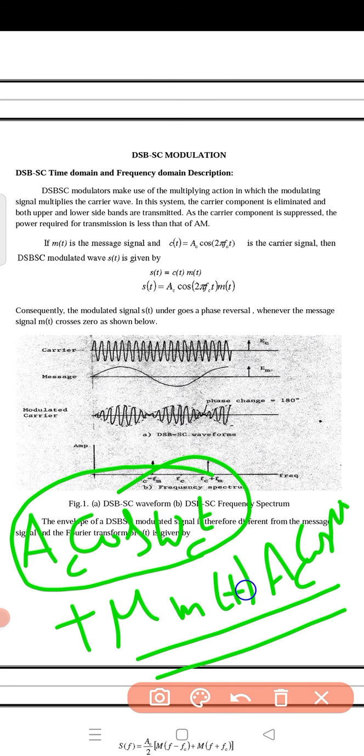So we need only this term: m of t into AC cos omega ct. AC cos omega ct is the carrier, so m of t into c of t is shown here. We want the output as DSB-SC, denoted by S of t, so S of t equals c of t into m of t, which is rewritten as AC cos omega ct into m of t.